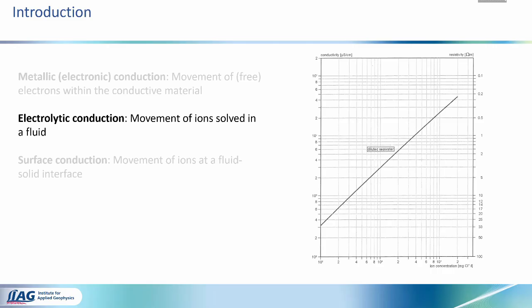And what I've shown here is the spread we can have in water with changing ion concentration. So this is ion concentration in milligram chloride per liter. This is 10 to the power of 2, going up to 10 to the power of 4.